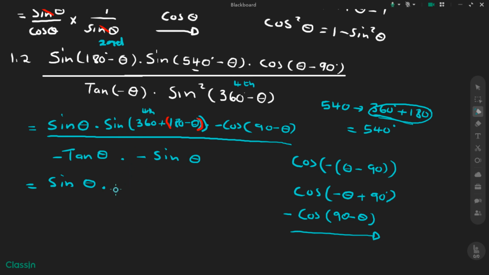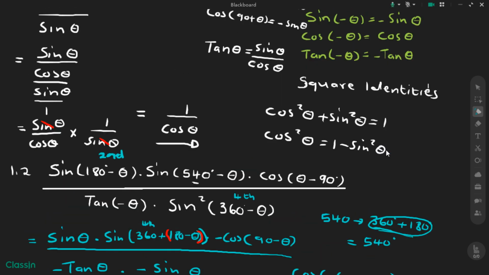This one is going to be negative, but negative what? What is our smallest angle? Our smallest angle now is no longer theta, but 180 minus theta. So our negative sine. Our smallest angle in this case is 180 minus theta. Then cos 90 minus theta is a negative angle.